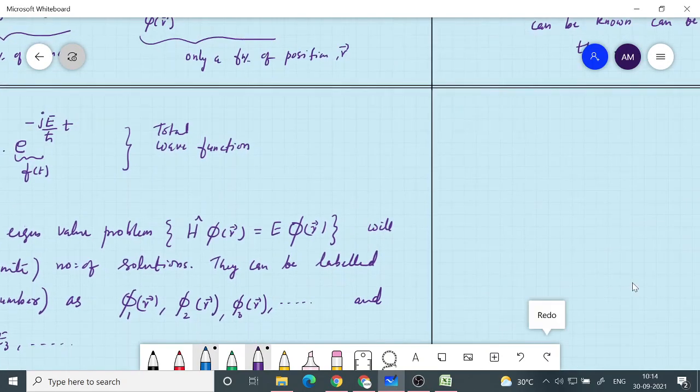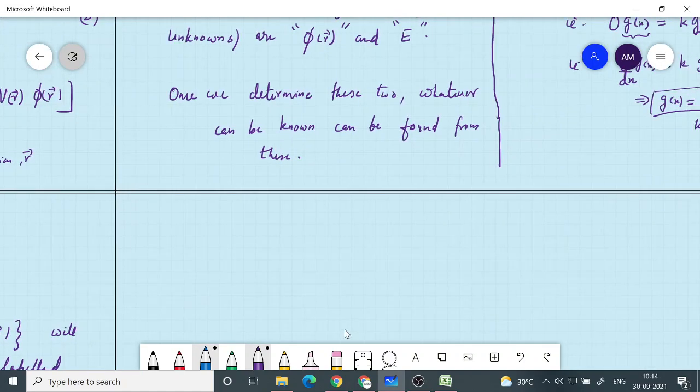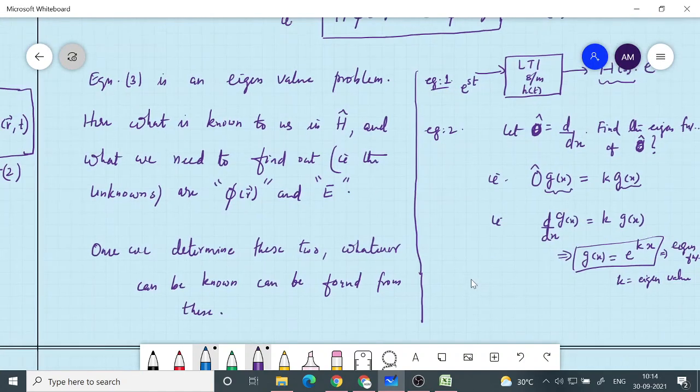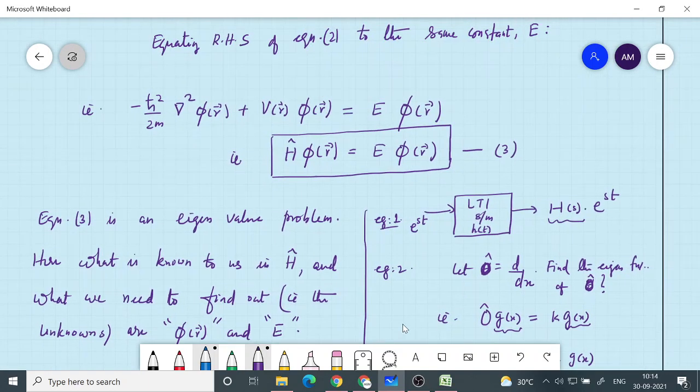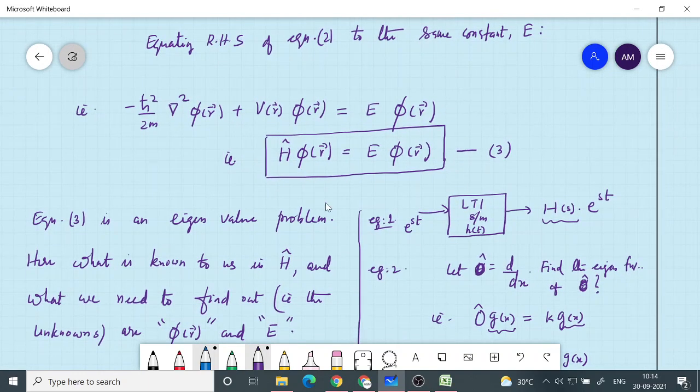So what we did was take the time dependent Schrodinger equation and apply the variable separation method. We got what is called the time independent Schrodinger equation. The time independent Schrodinger equation in equation 3 is an eigenvalue problem.